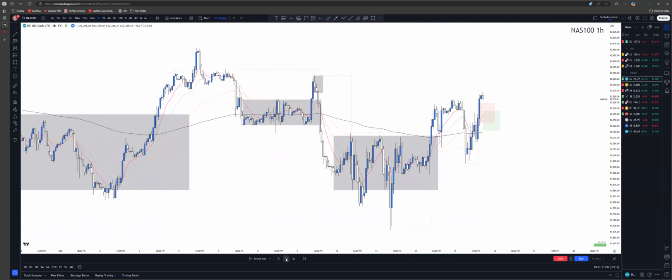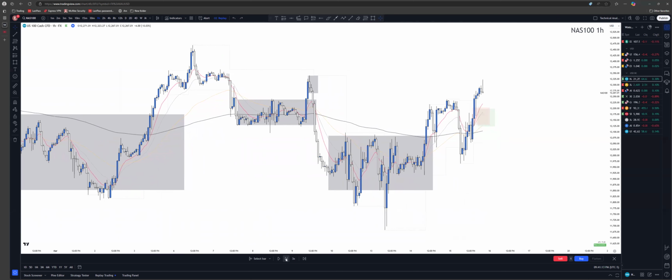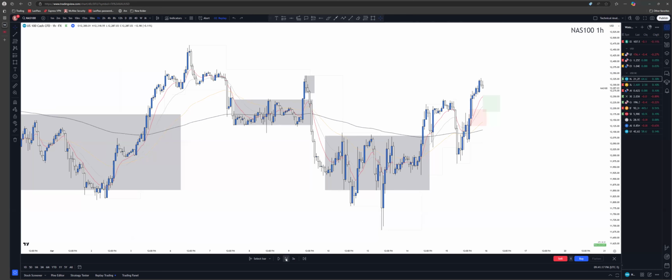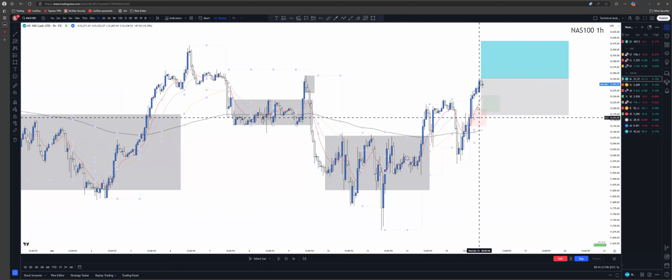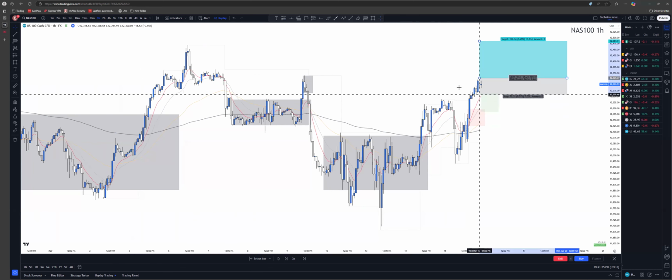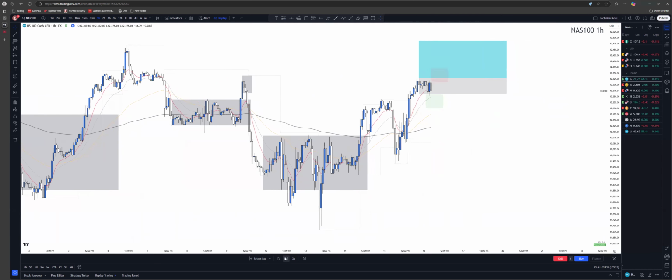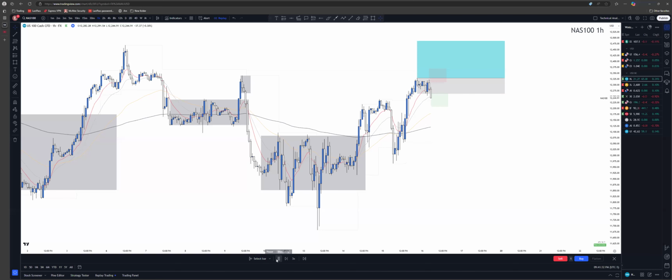I think let's have a smaller range. And then we take a trade. Okay.